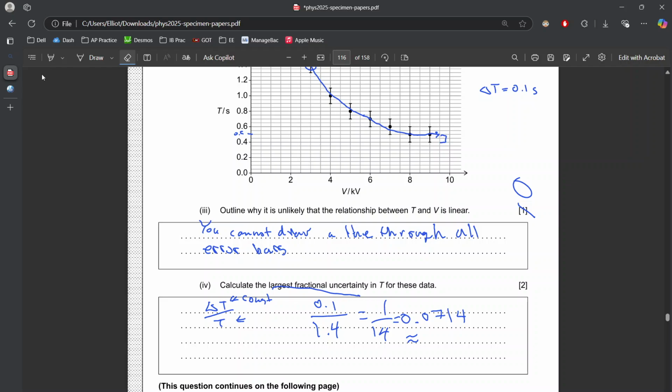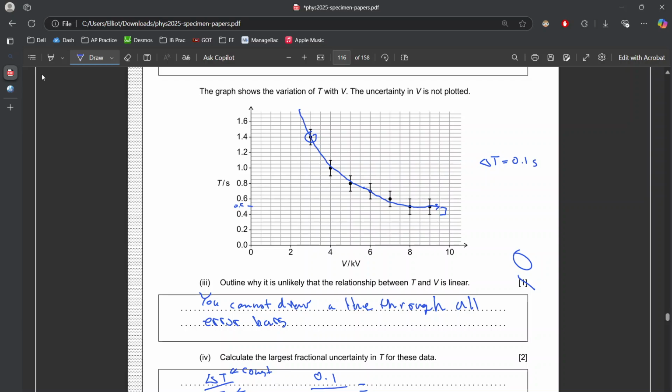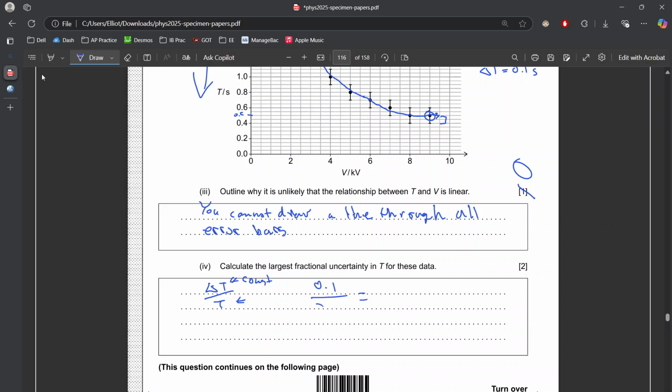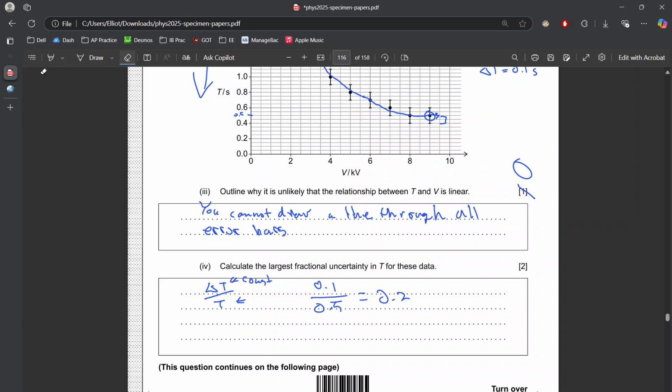Okay, so I didn't minimize this. I maximized it. So let's do our math again. We need to get as small as possible, which occurs right here, at this line, which is at 0.5, which is equal to 0.2.